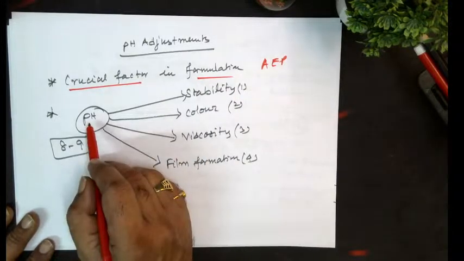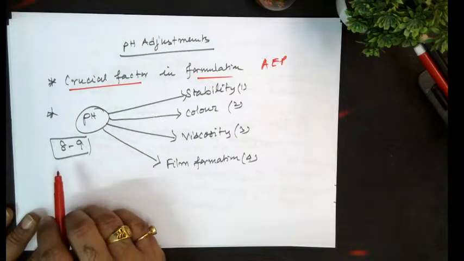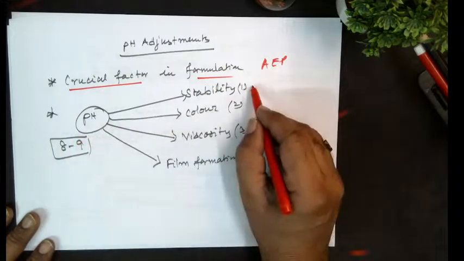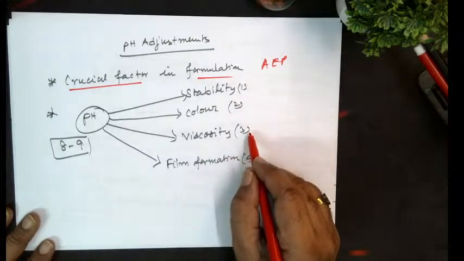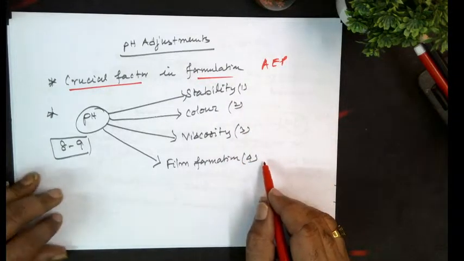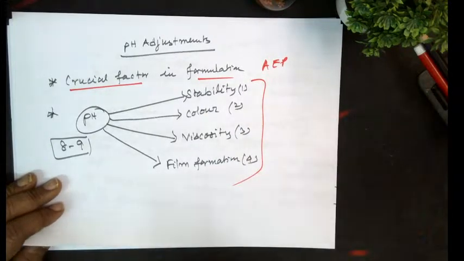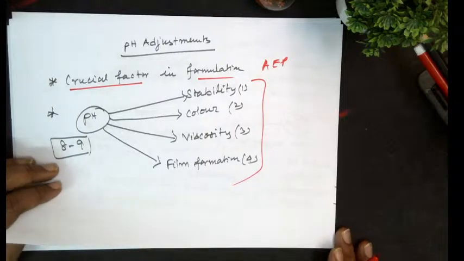Normally the optimal pH range is 8 to 9, and if it is less than that, what will happen? The stability is affected, the color is affected, the viscosity is affected, the film formation is affected. These are the major factors that affect the formulation or the quality of the acrylic emulsion paint.